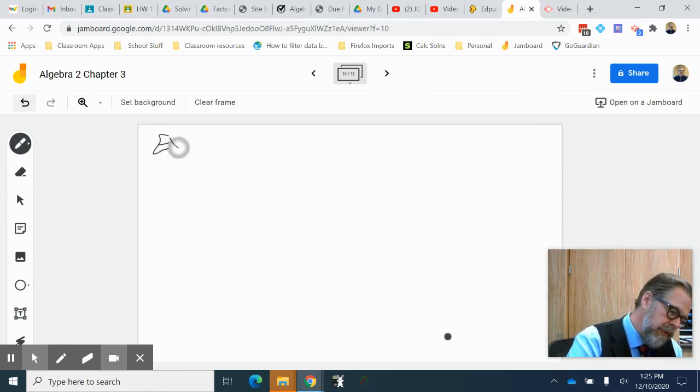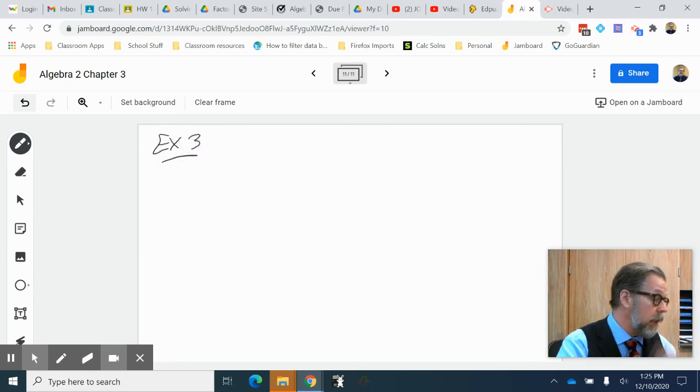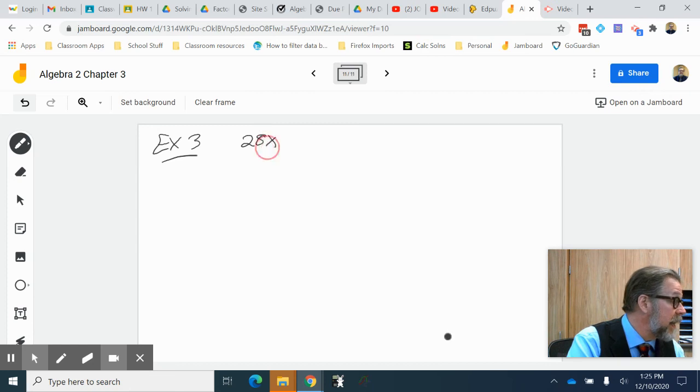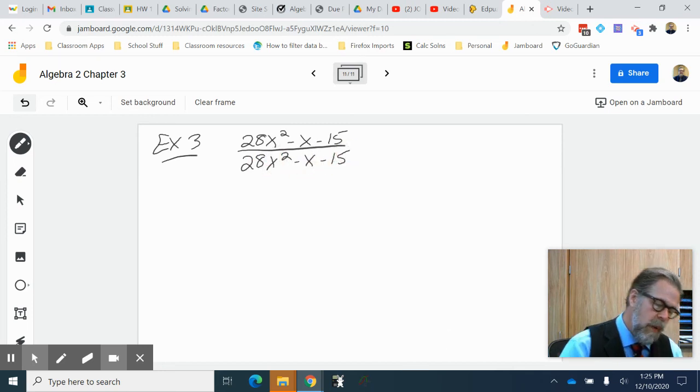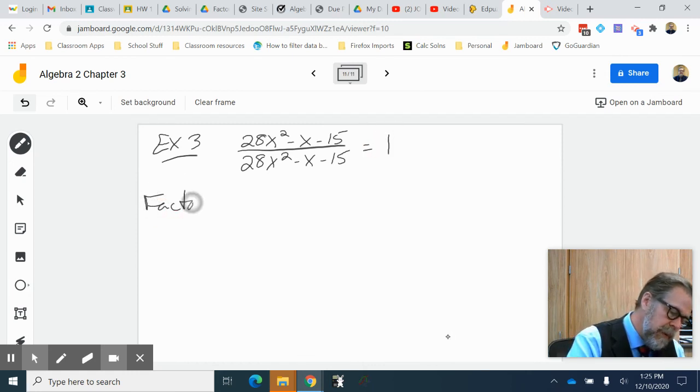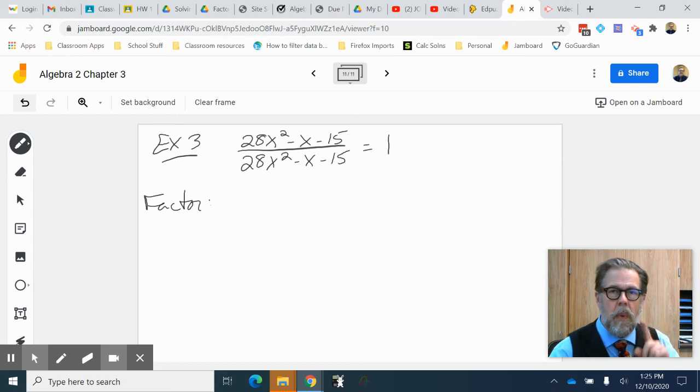Quick example 3. I think I might be running out of time here, but let's take a quick look. 28x squared minus x minus 15 divided by 28x squared minus x minus 15. Now, what you might say is, hey, this equals 1. Well, true, but I still need to factor because I still need to know what values of x this does not work for.